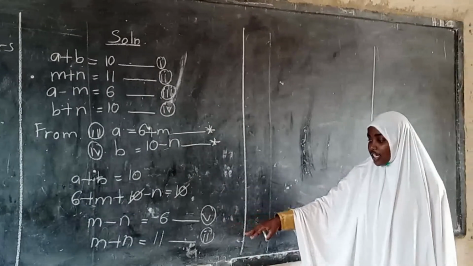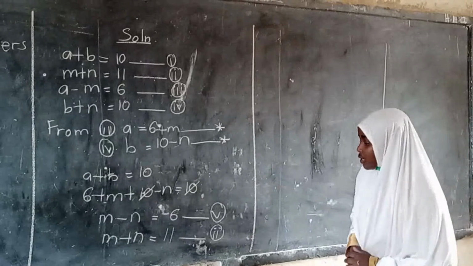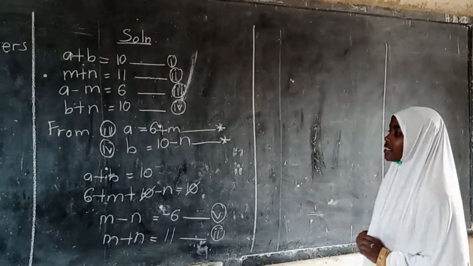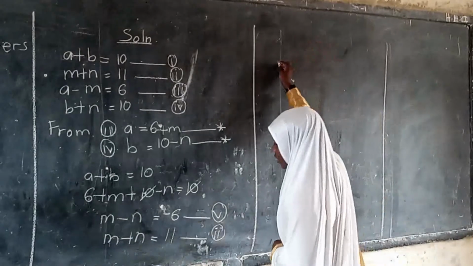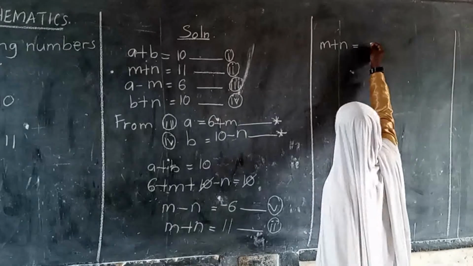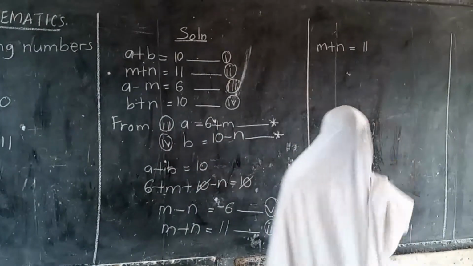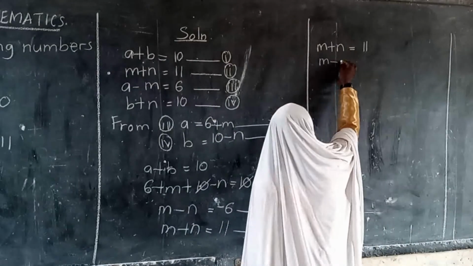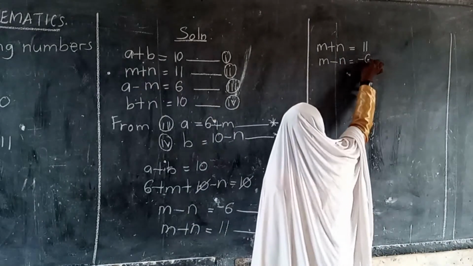M plus N is equal to 11, equation number 2. We are going to solve these two equations to get the value of those gaps. We have M plus N is equal to 11, and again M minus N is equal to negative 6.